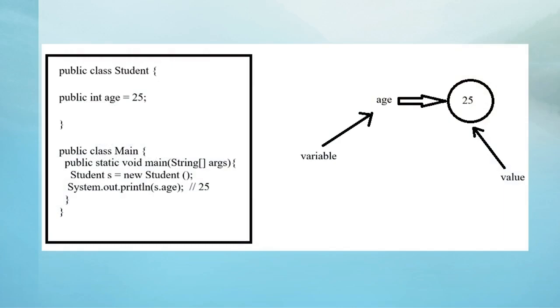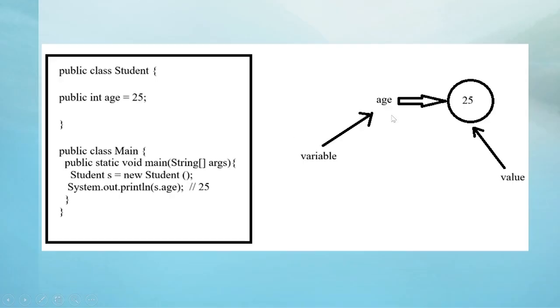Okay. Here is an example. I have created a class called Student. Inside this class, we have a field named age. The data type of age is int, which means it stores whole numbers. And I have assigned the value 25 to the variable age.